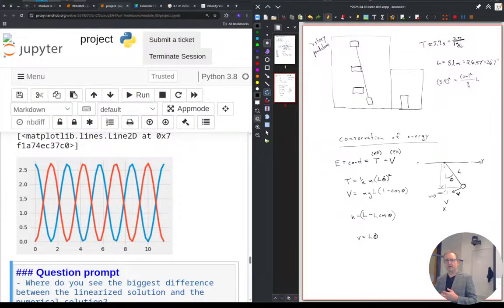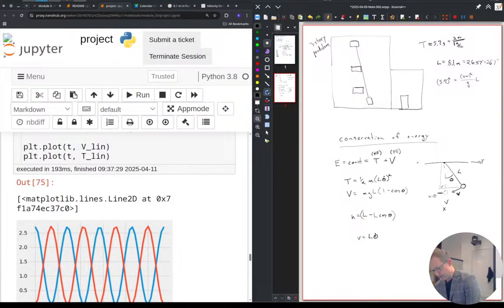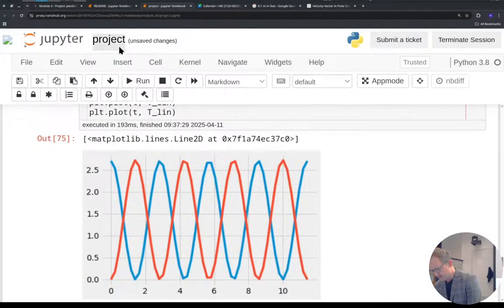And now I can look at what happens with kinetic energy and potential energy. So blue is going to be, in this case, potential. It starts off at high potential energy and then goes down to low. That's where I have max kinetic energy.